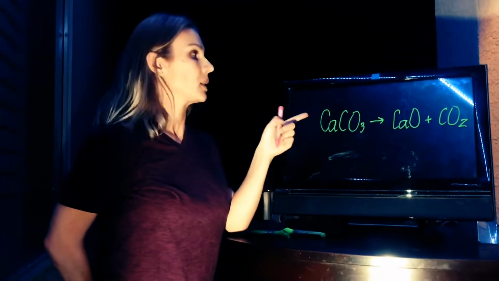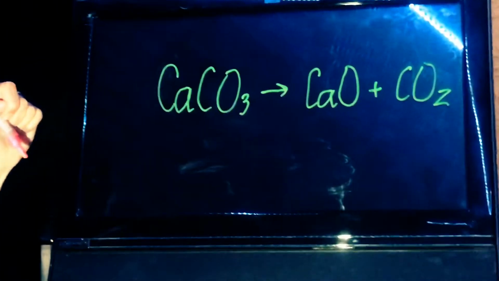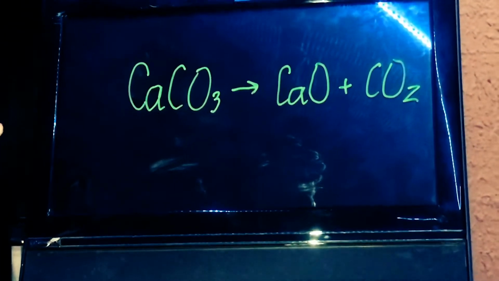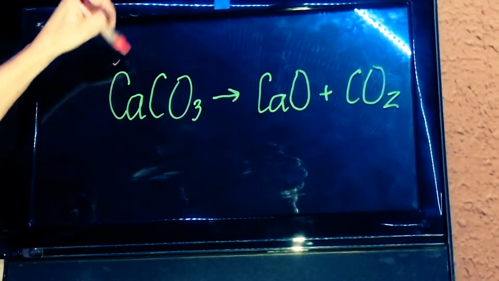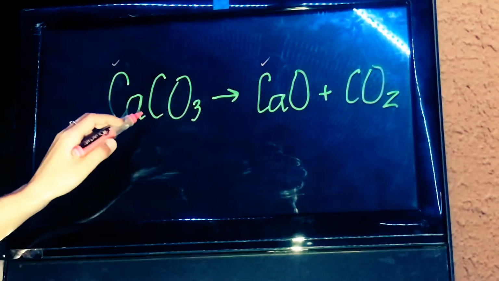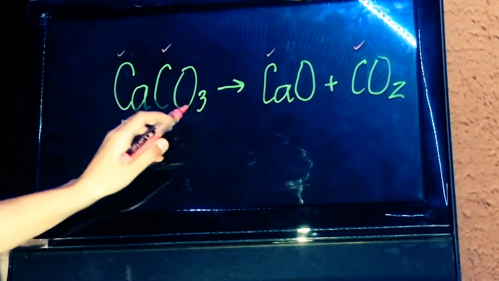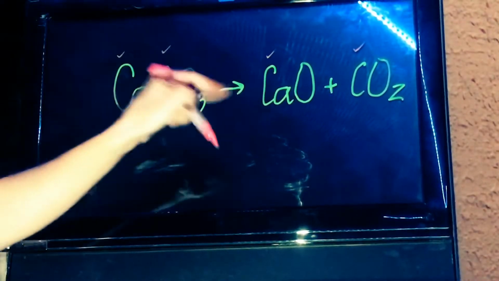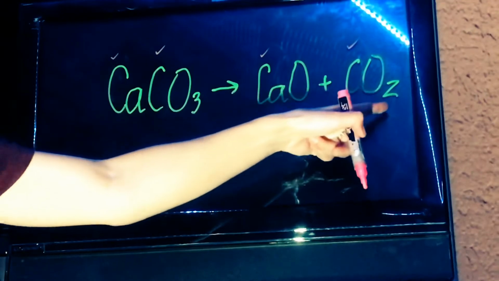Sometimes you might get something like this. Check it out. By the looks of it, well, let's count. Ca, Ca, 1 each. That's good. C, 1 here, 1 here. O, 3 here. Watch, 1 here, plus sign, and 2 over there.